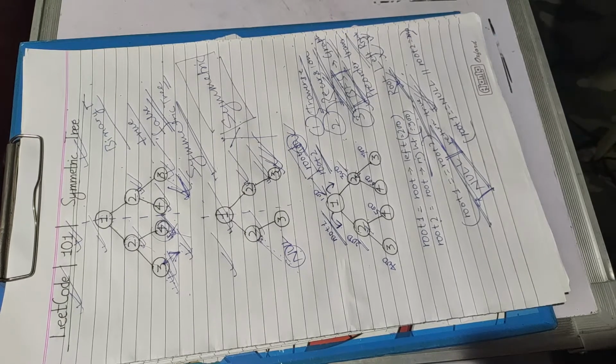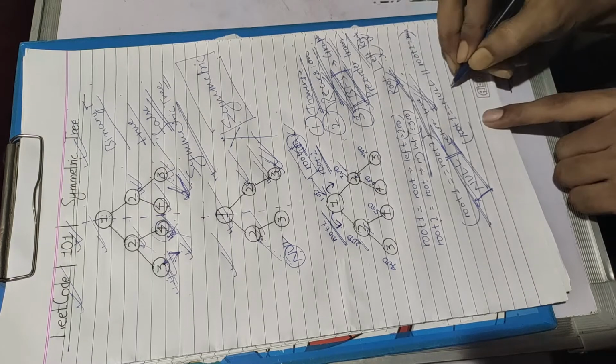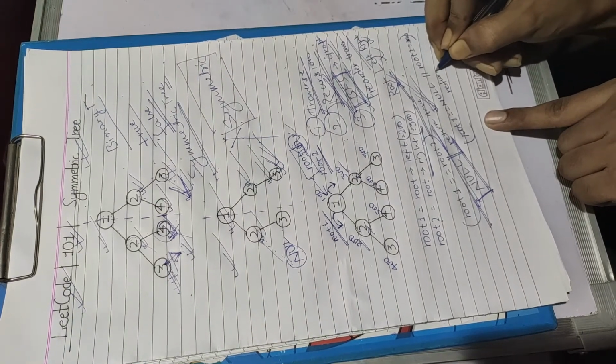If this situation occurs, then we can understand that it is not going to be a symmetric tree. We will return false.